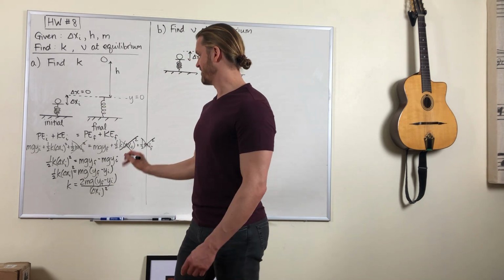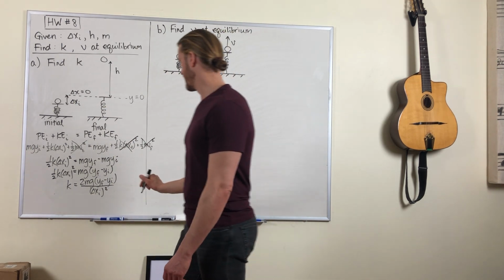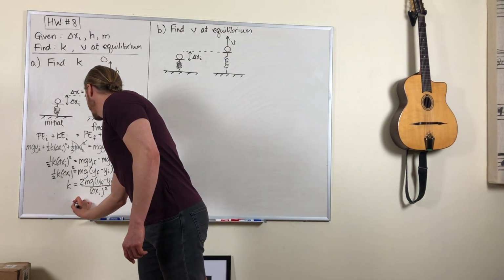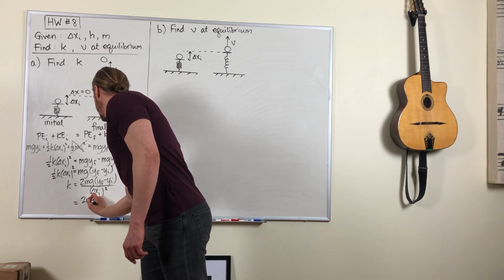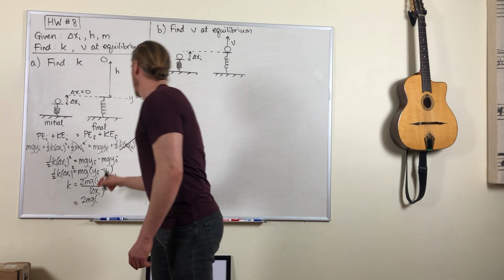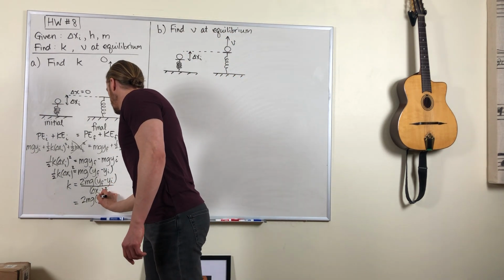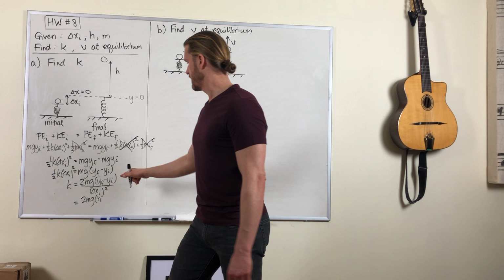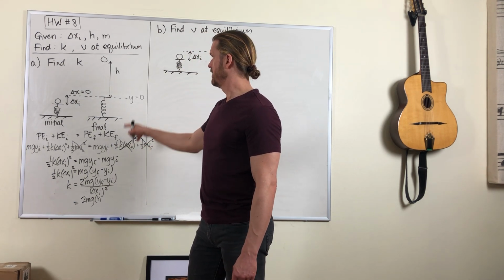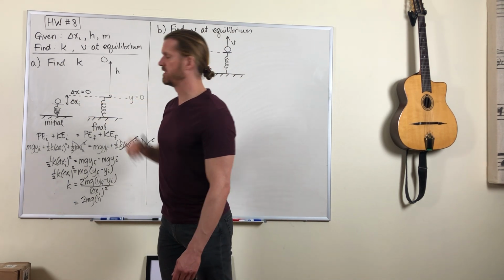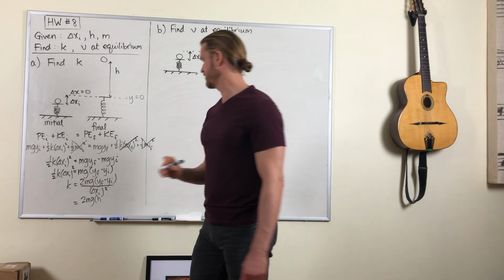So now we can finally write the full answer. 2mg y final, which I called h, that height, and that number is given to you in the problem. And y initial is negative delta x initial.